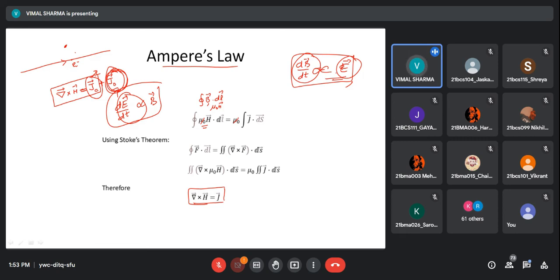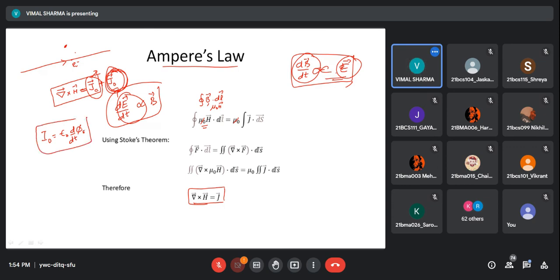If electric field is not time varying, then there will be no contribution to magnetic field. It will not produce any magnetic field. But if we have time varying electric field, then we can expect magnetic field, and we give the relation for how it is related. We say that displacement current is epsilon naught times d by dt of electric flux.